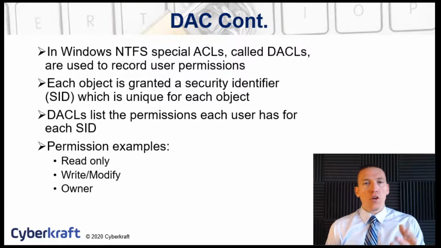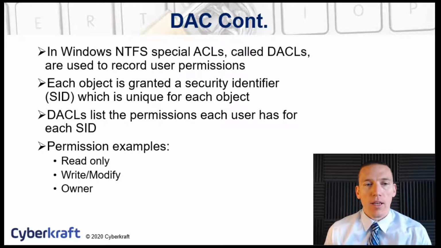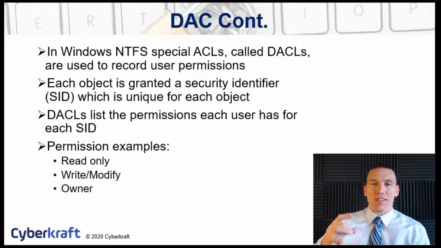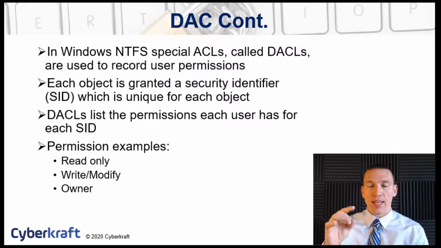To store who can access files and folders, Windows uses DACLs. Okay, they're like ACLs for discretionary access control. So each object is assigned a security identifier, which is unique for each object, and then the DACLs store what users have access to each of these based on the security identifier.